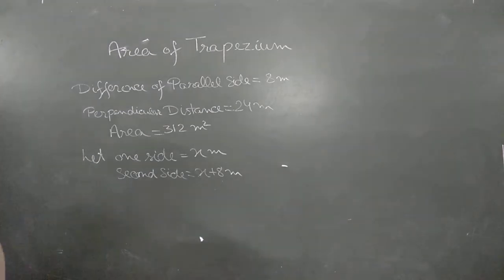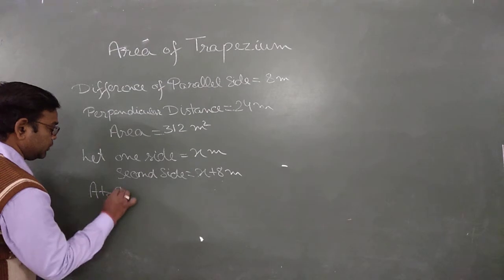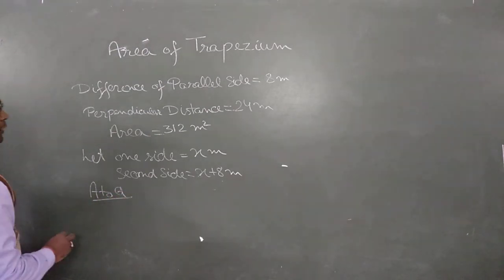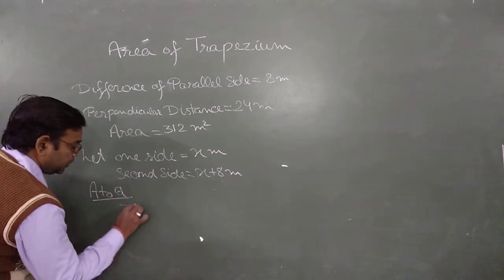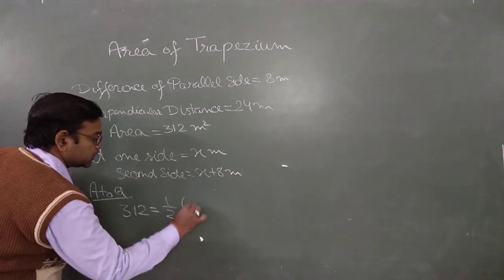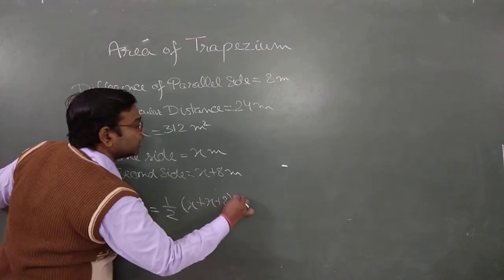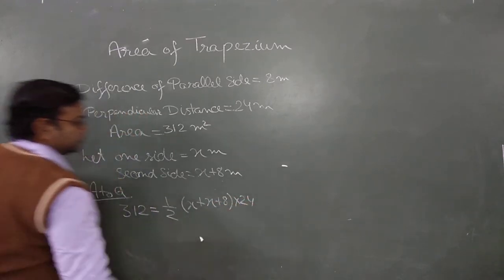So according to the question, we can say that the area, 312 meter square, equals half of the sum of parallel sides into the height 24.